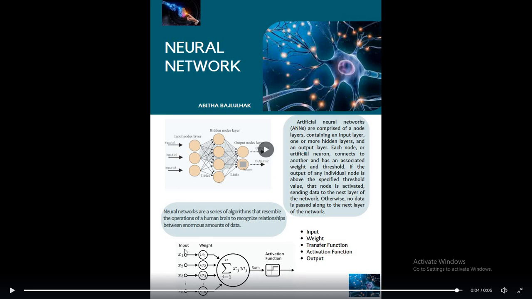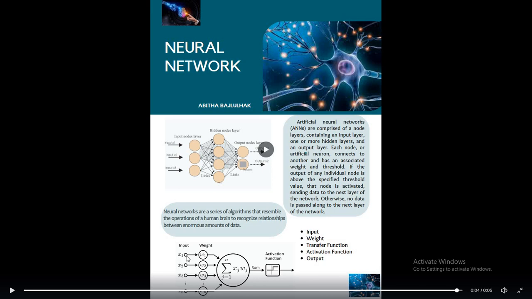In this figure we have the inputs x1, x2, x3 till xn. w1 is the corresponding weight of the input x1, w2 is the corresponding weight of the input x2, w3 is the corresponding weight of the input x3, etc., till wn, which is the corresponding weight of the input xn. The weight is multiplied or convoluted with the input.